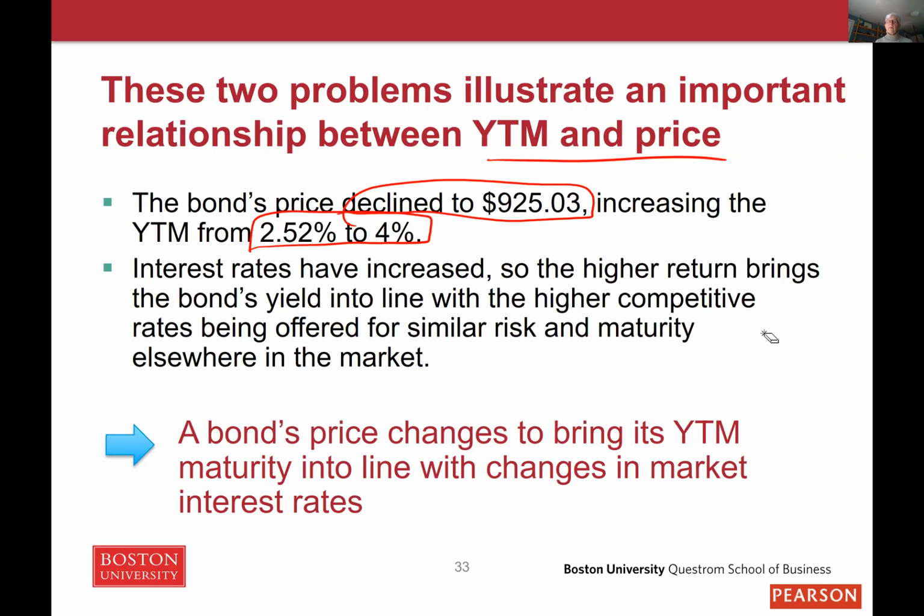And the way they get the market interest rate is by adjusting the price so that the price gives them the yield. So a bond's price is constantly changing. Constantly. This isn't like once a week it changes. It's in this active competitive market. It is constantly changing so that the yield to maturity is whatever the current market interest rate is.